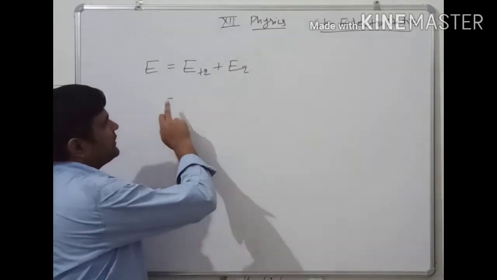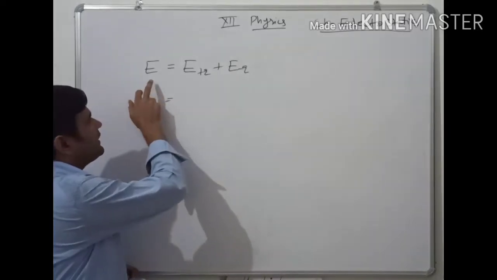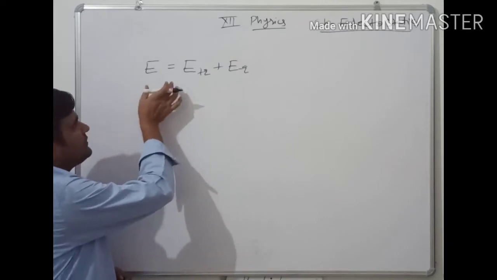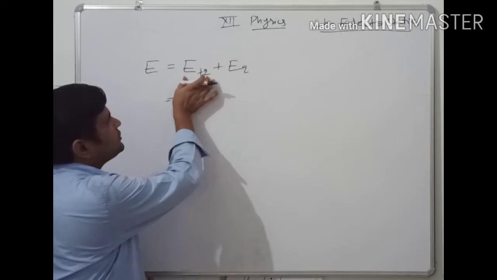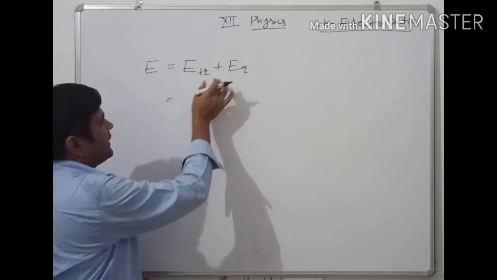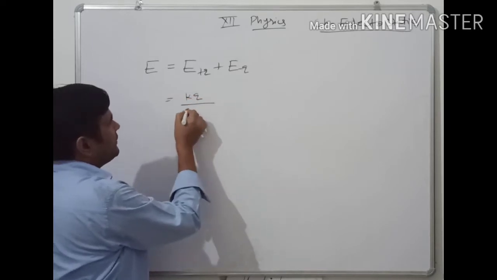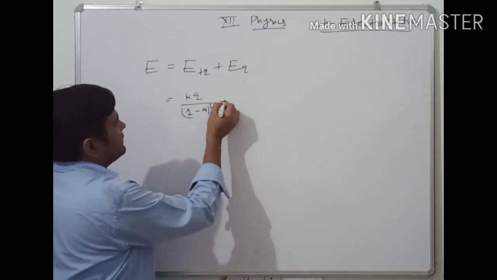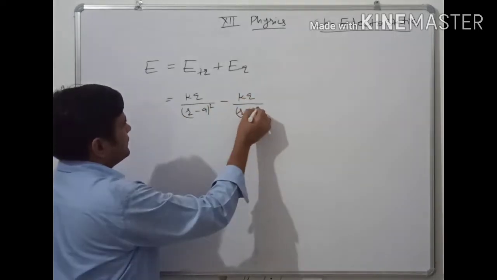Okay, we will continue from the previous topic where we left off, the electric field intensity due to an electric dipole. In the last class we derived the formulations for the electric field due to plus q charge and the electric field due to minus q charge, in terms of kq upon (r minus a) whole square minus kq upon (r plus a) whole square.